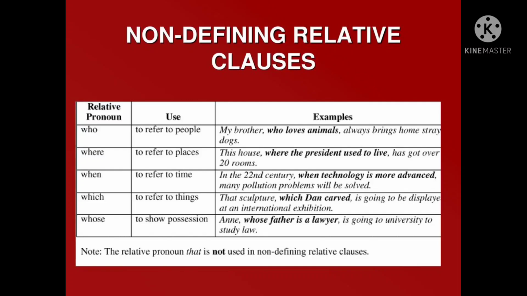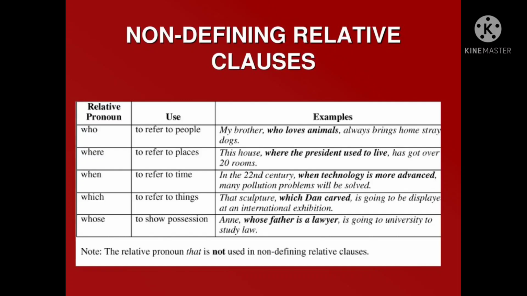The examples of non-defining relative clauses are: my grandfather, who is 87, goes swimming every day. The house, which was built in 1883, has just been opened to the public. The award was given to Sarah, whose short story impressed the judges.